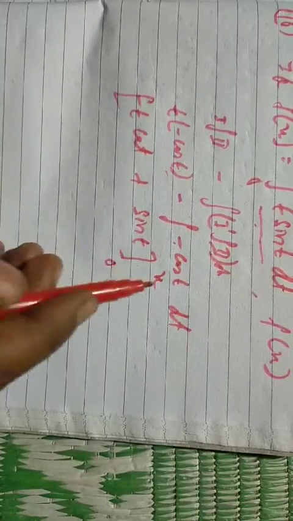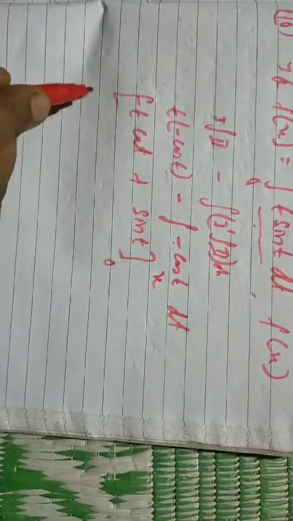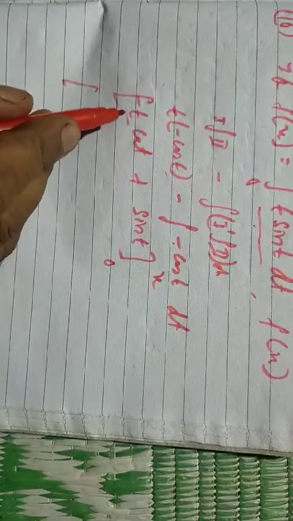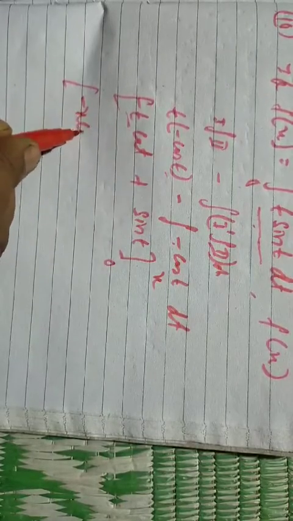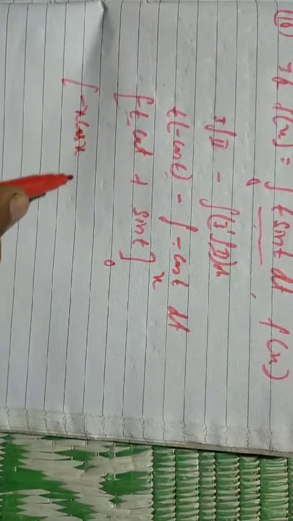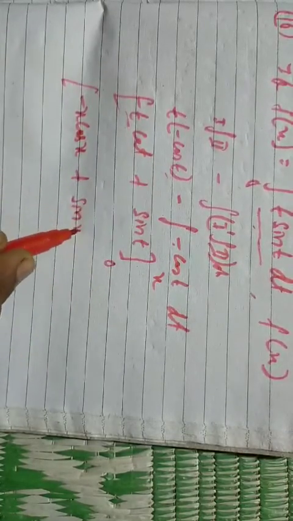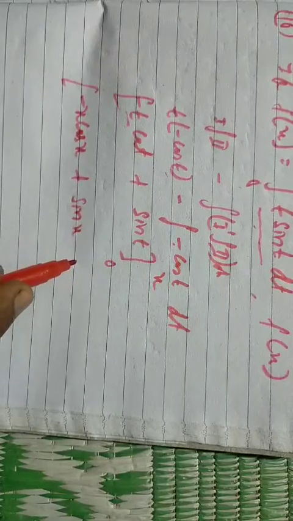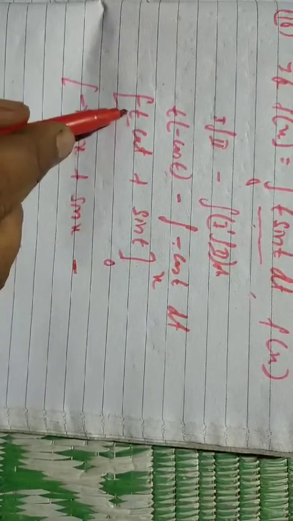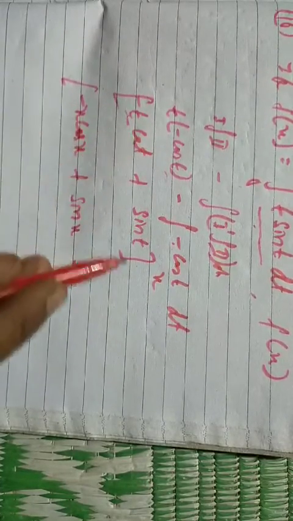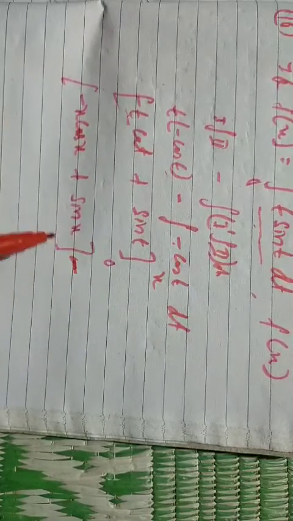First substitute x in place of t, so this will become minus x cos x plus sin x. Now substitute 0: if t is 0 this becomes 0 and this is also 0, so remaining is sin x minus x cos x.